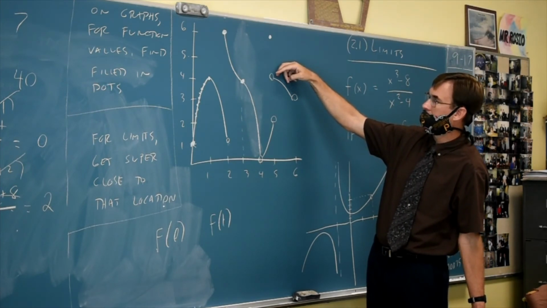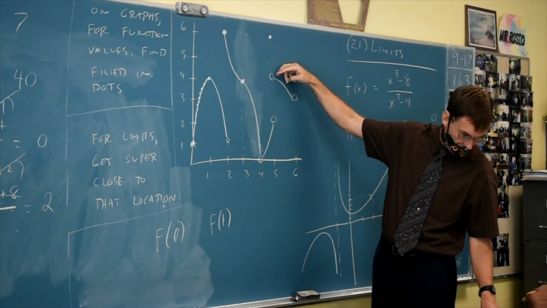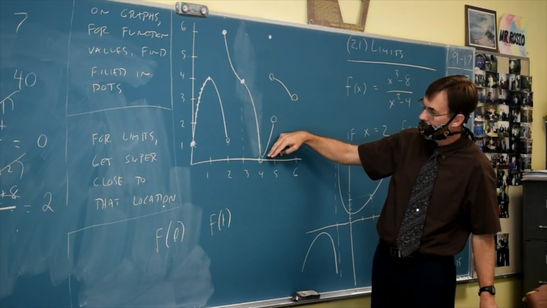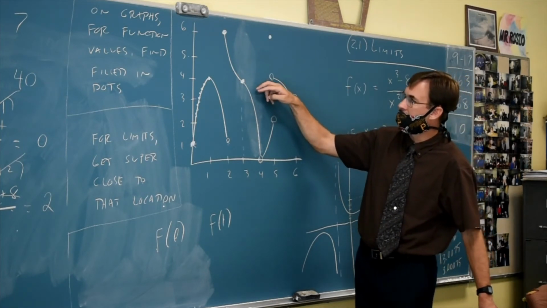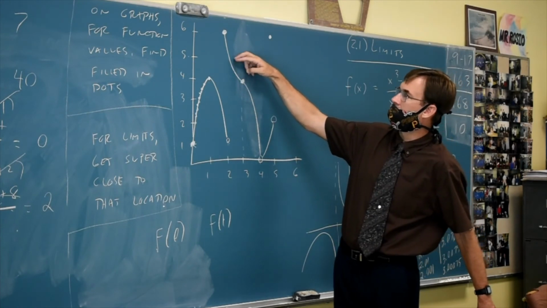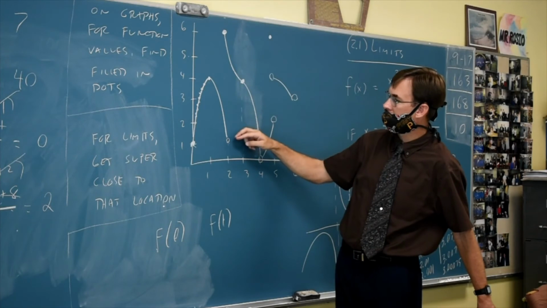How high? 4. So working up the column, we got a 4. From the right into the 4 is 0. From the right into the 3, 4. From the right into the 2, 6.